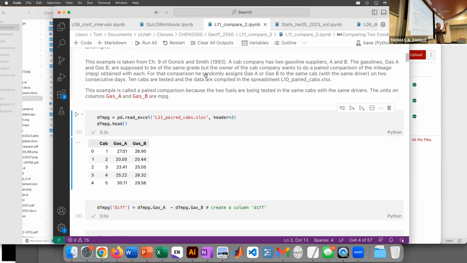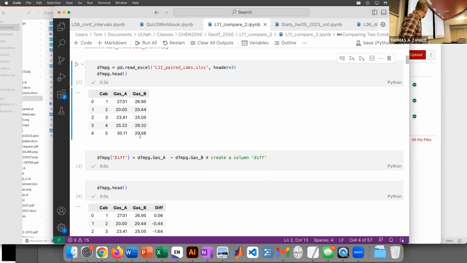So we can compare the results with gasoline A on one particular day in one particular cab to gasoline B in the same cab, same driver, and so on. And so we end up with pairwise results here, where for each individual cab, we have results of miles per gallon with gas A and miles per gallon with gas B. We've read this in with pandas, and we've used that head function in order to just look at the first 5 rows in the data.